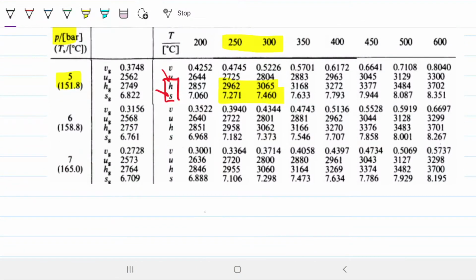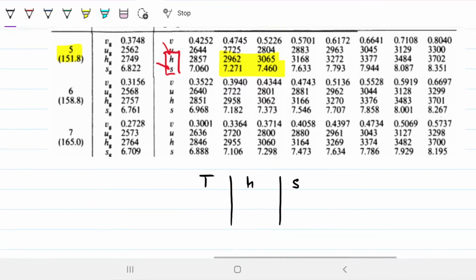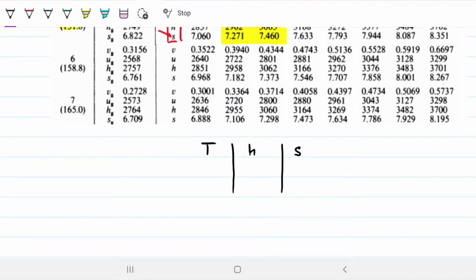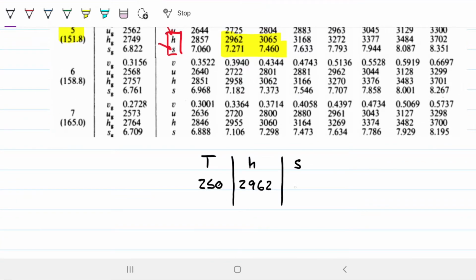So let's do temperature, enthalpy, and entropy. When my temperature is 250, my enthalpy is 2962, and my entropy is 7.271. When it's 300, this is 3065, and this is 7.46.